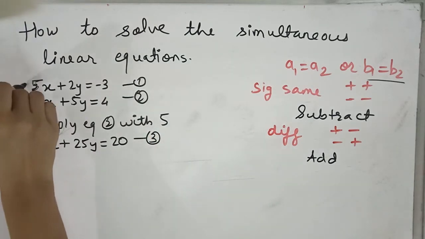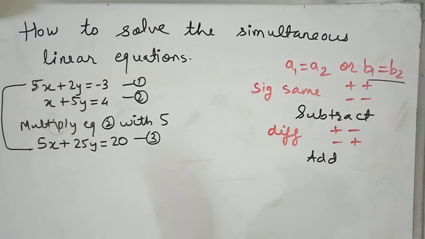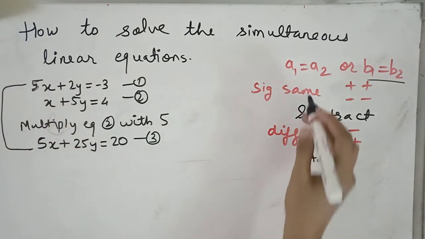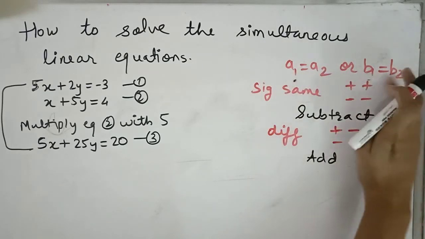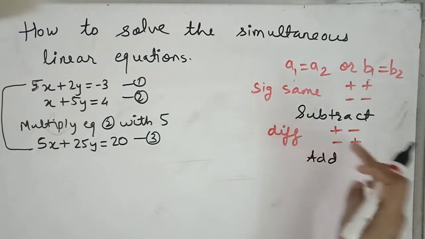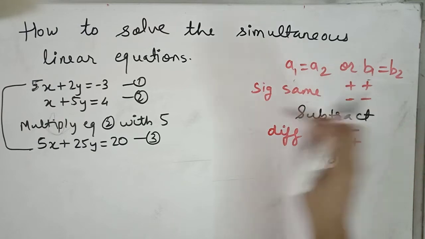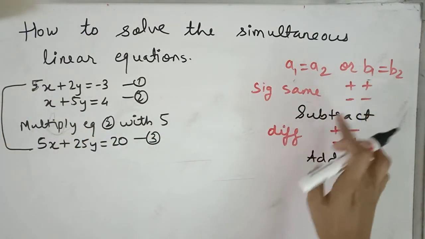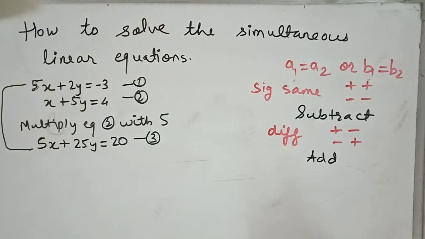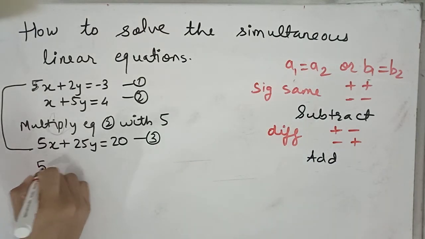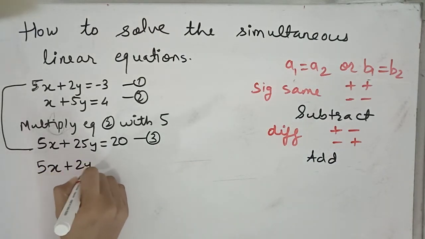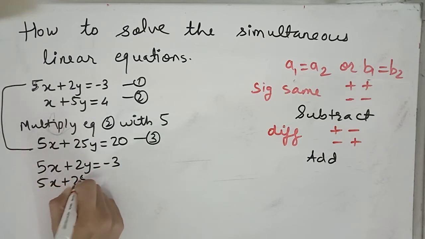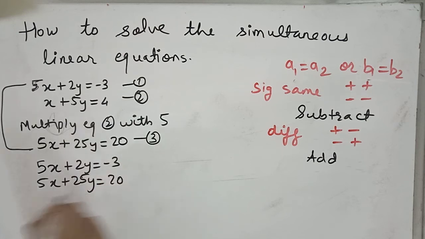Now we can see in the first equation and in the third equation we have a1 equal to a2. Now check the signs. a1 and a2 both are plus 5, so same sign, so we are going to subtract. We have 5x plus 2y is equal to minus 3 and 5x plus 25y is equal to 20.